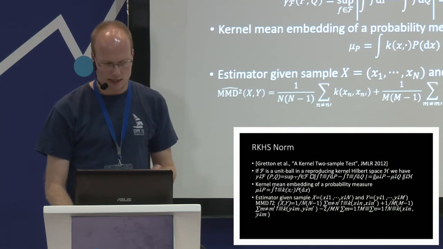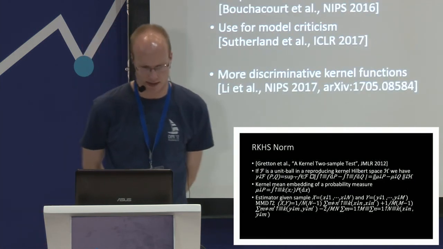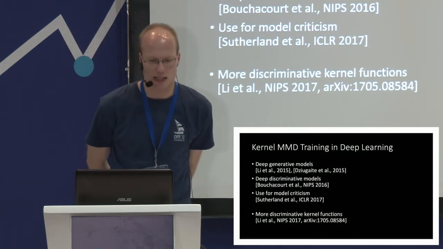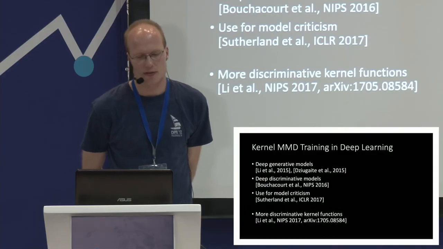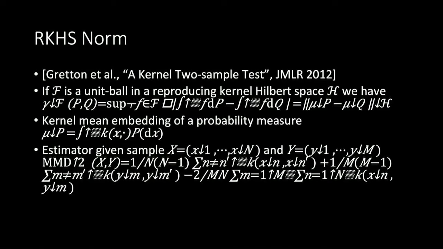Now, precisely this objective function has been used also for deep learning. There were two papers in parallel from Toronto, Yujia Li and others in 2015, and also Gintare Dziugaite, Dan Roy and others, at the same time in ICML 2015. They used this MMD training objective to train a deep generative model.